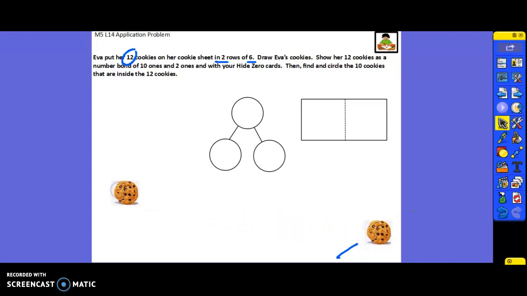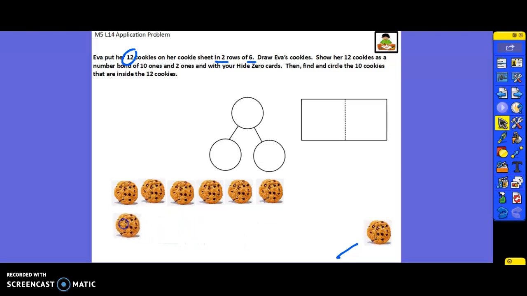Miss Nakian's going to use my cookies to show you 2 rows of 6. 2, 3, 4, 5, 6, 7, 8, 11, and 12. That's right. There's my 2 rows of 6. I have a row of 6 at the top, and I have a row of 6 at the bottom. I'm going to give you a minute to show your 12 cookies in 2 rows of 6.